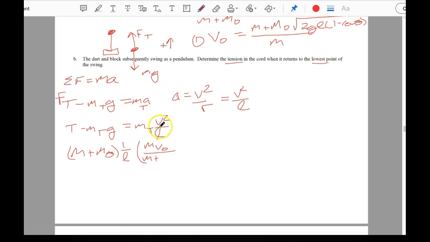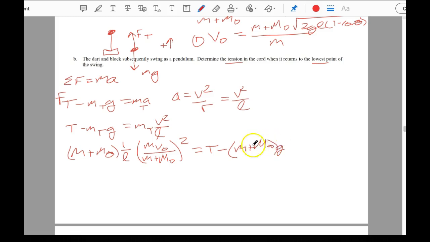Notice we're doing this side of the equation, so don't get confused. And we know that we have to square that. Our mass total is this guy, and we want V squared over L, so instead of 1 over L, I'm putting all this over L. That makes it a lot easier. And that's equal to our tension, T, minus the quantity M plus big MO times G.